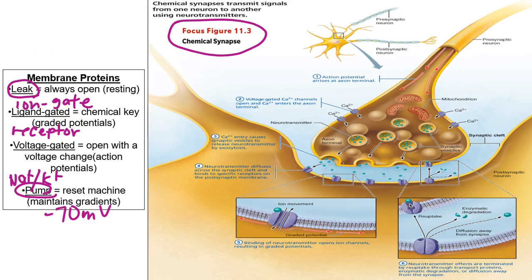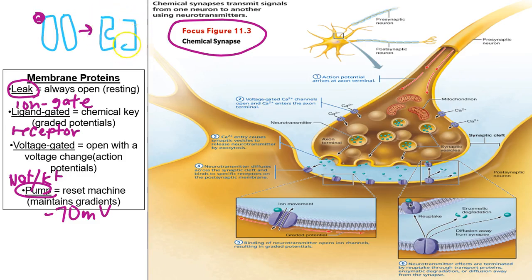Consider ligands like a chemical key, okay? What's going to happen is that ligand, or chemical key, is going to bind to a channel's receptor. So remember, we can have proteins here that have certain channels. Once that ligand binds to the channel, it allows it to open or close, and it'll change shape, let's say to look like this.